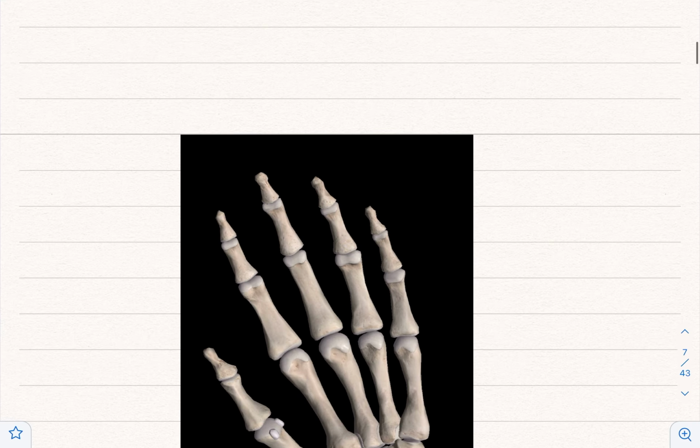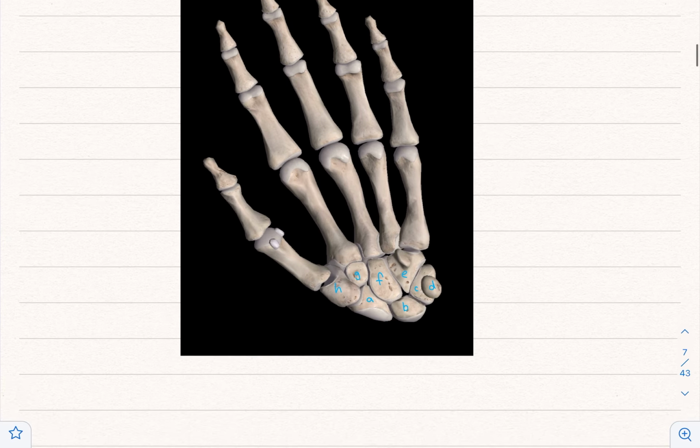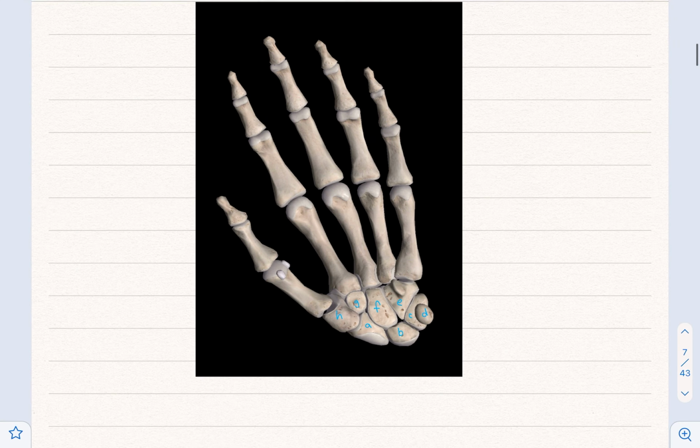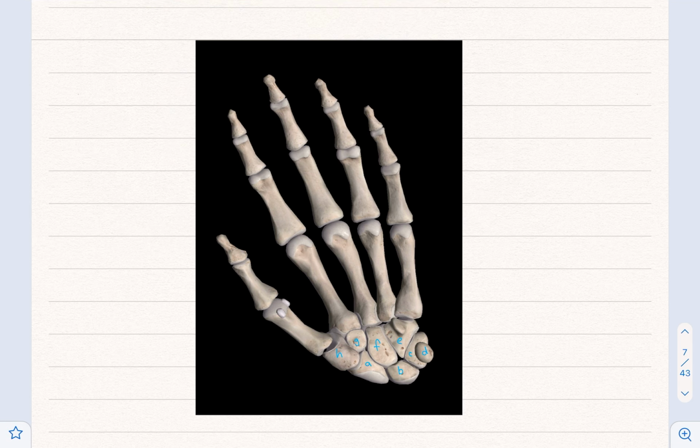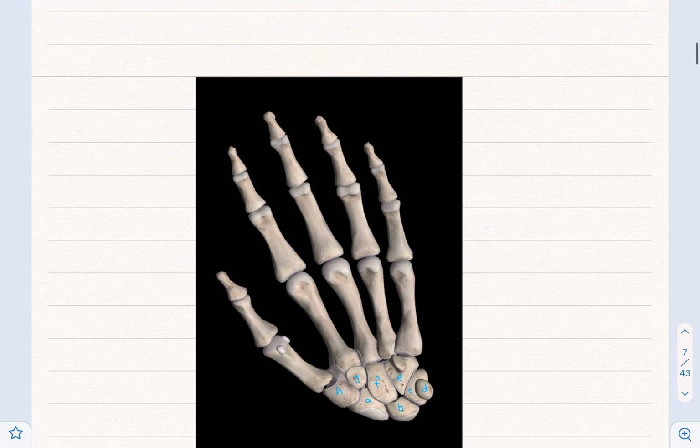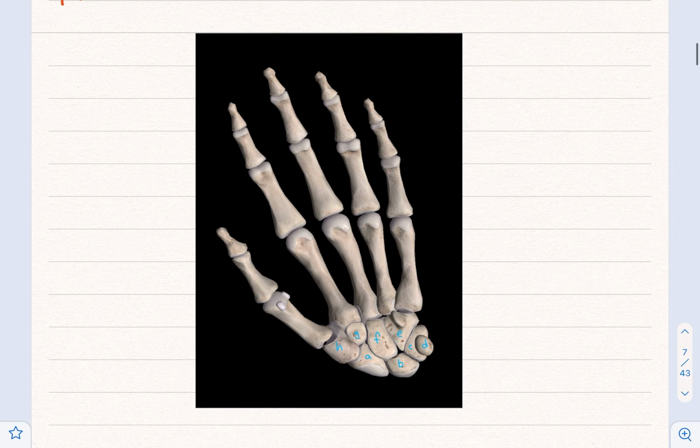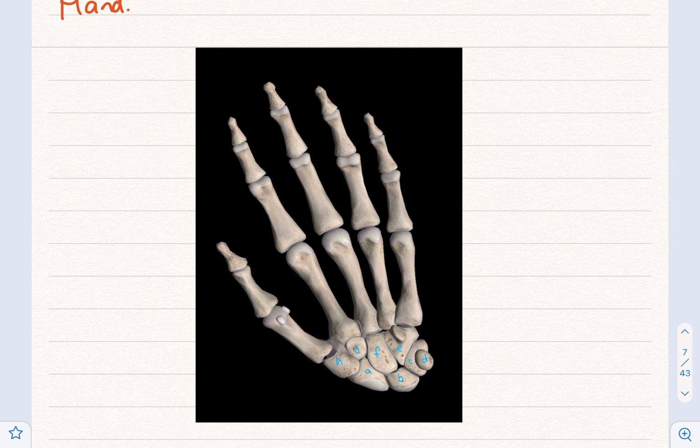So now we're going on to the hand. Okay, so here, let's do a different colour. Go this one. So it's the hand. If we just divide up the different components, okay, what do we say this one was?